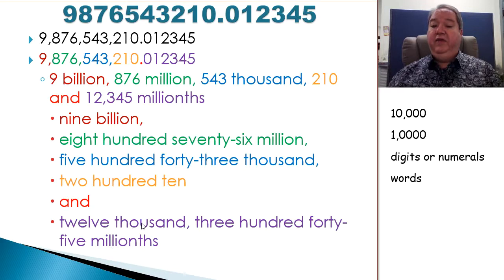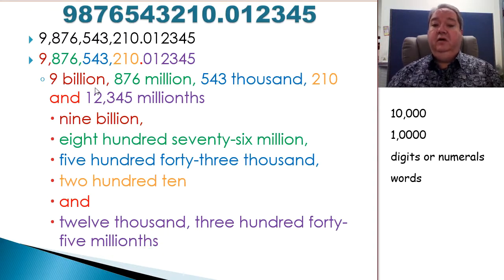Now, when we write 12,345, we can use a comma here. Okay? Be careful with the pronunciation here. It's not millions, but millionths. Notice there is an S here. Okay? Millionths on this very last one, the unit.